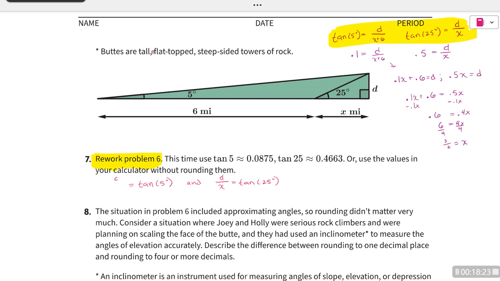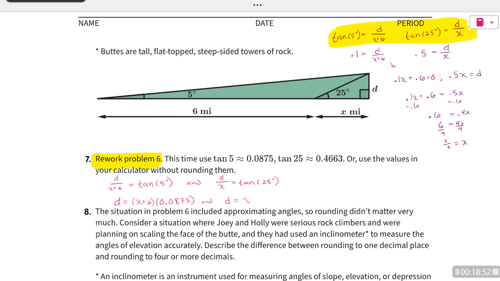So now we're going to do d equals x plus 6, and it says use tan of 5 equals 0.0875. Now I'll end up typing this into my calculator and not rounding at all, but for the sake of showing the work, I'll put that there for now.